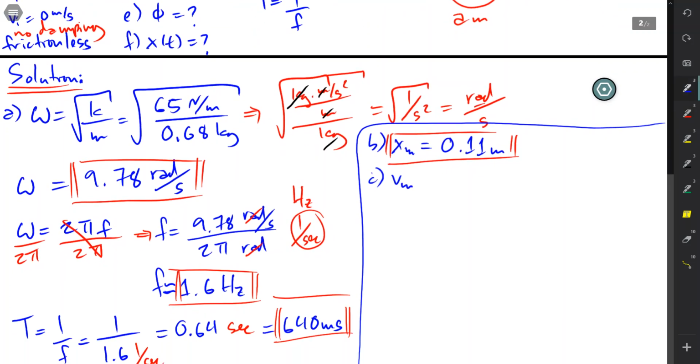That Vm is just 9.78 per second times 0.11.